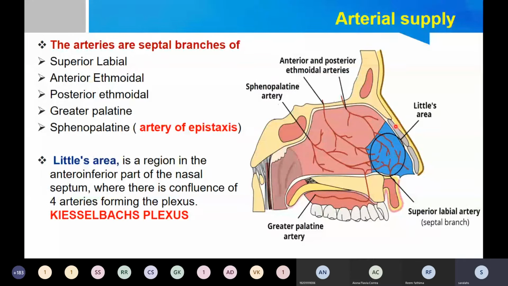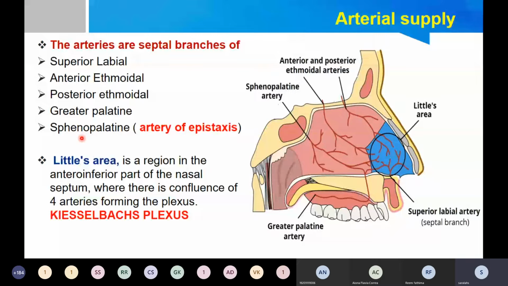So mainly you have learnt about the five arteries here, isn't it? All these arteries give septal branches. So the nasal septum is supplied by the septal branches of the superior labial artery, anterior ethmoidal artery, posterior ethmoidal artery, greater palatine artery and the sphenopalatine artery.